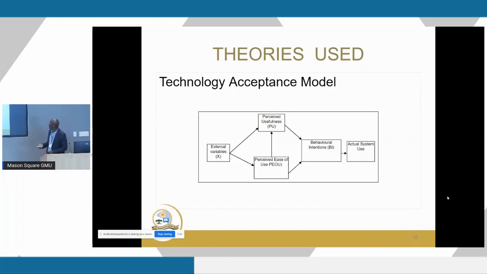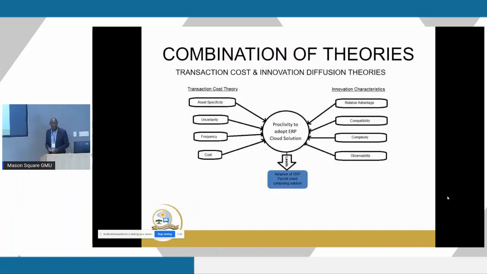And then sometimes we combine theories. For example, we're doing a study on the adoption of IaaS, infrastructure as a service. If you look at cloud computing, there's a lot of economic stuff in it.